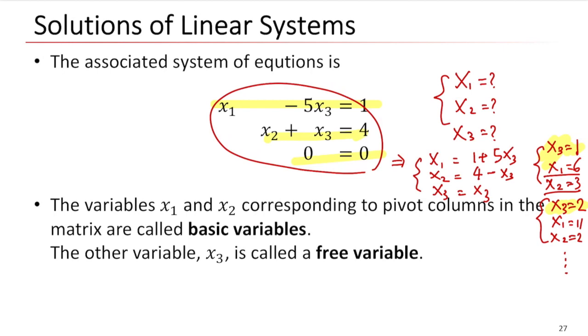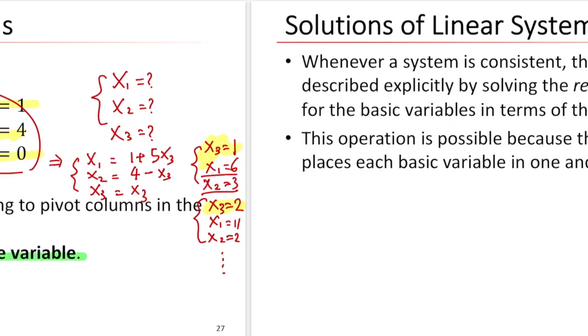So in this case, we call the variables x1 and x2 basic variables, and x3 is called the free variable. So this free variable can be any number, and the basic variables are determined by this free variable. So these are the solutions of the linear equation.